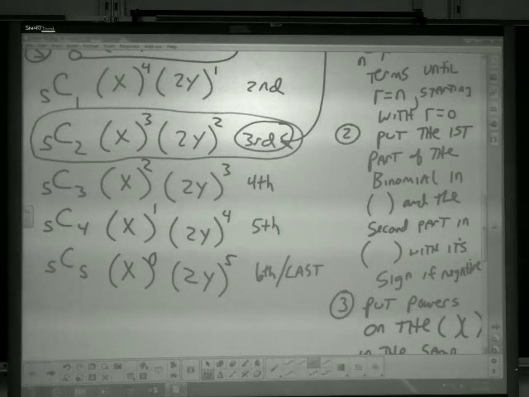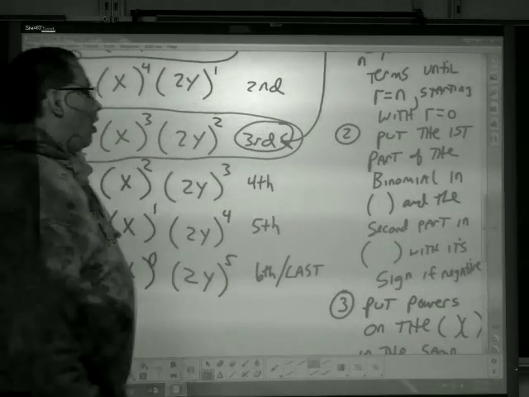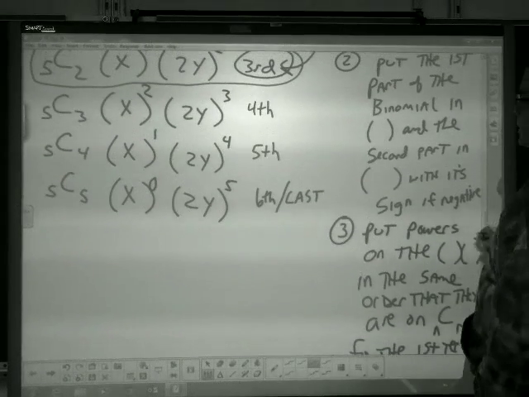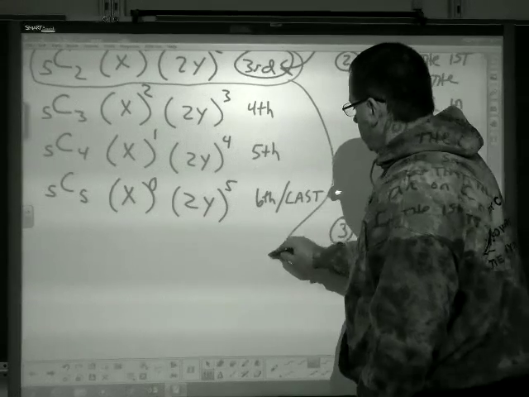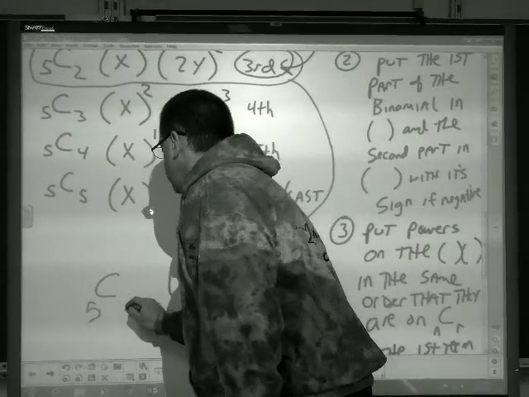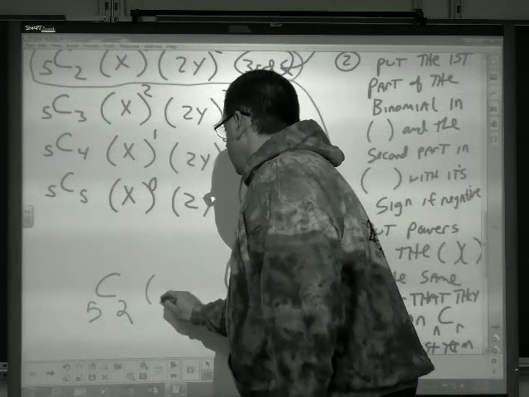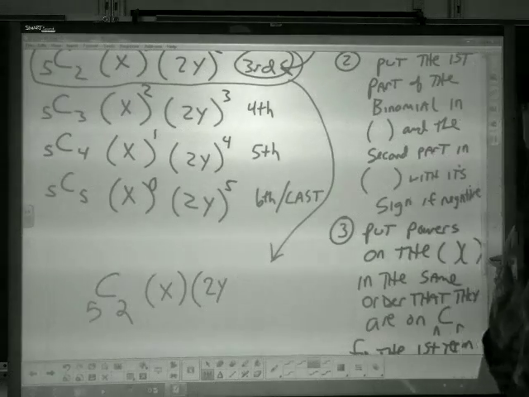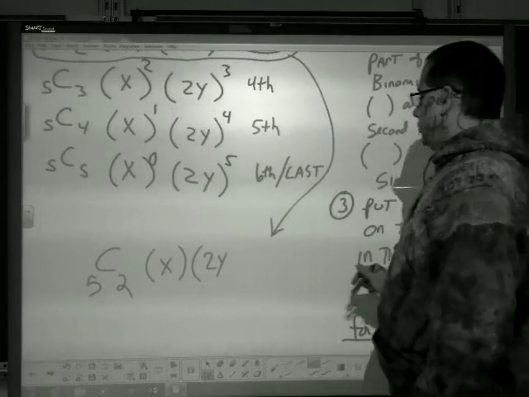The rest of it I don't care about anymore. So all of that I'm going to bring down, okay? And I'm going to write it: 5C2 times x, 2y, and what were the powers on those? 3 and 2.